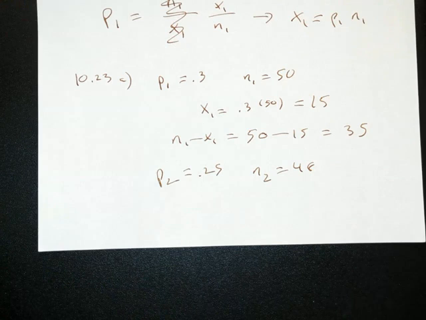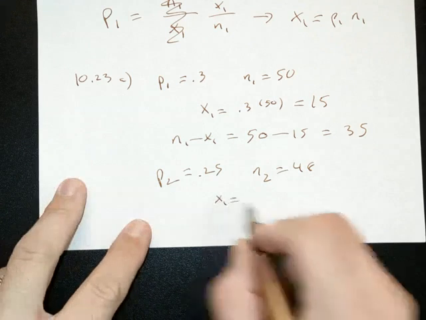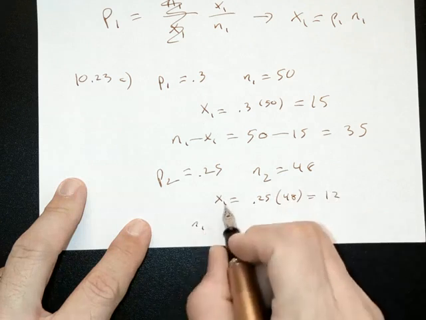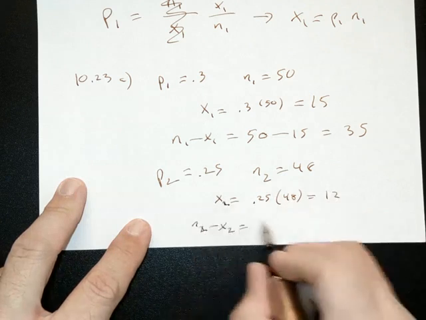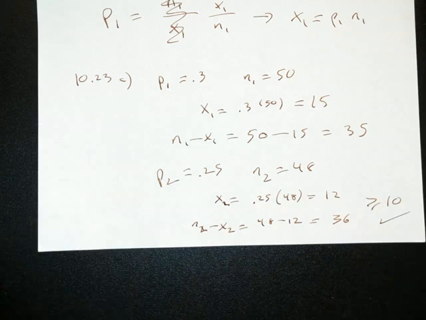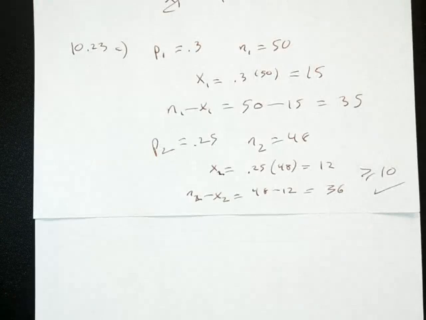Because a quarter of 48 is 12, so X is 12, and the rest of it, that would be 36, right? 48 take away 12. Questions?